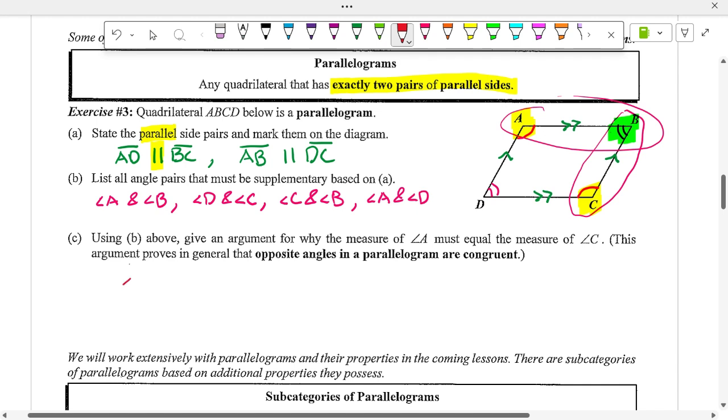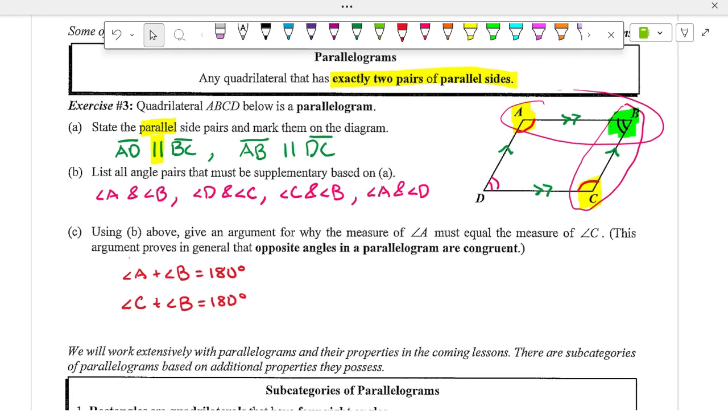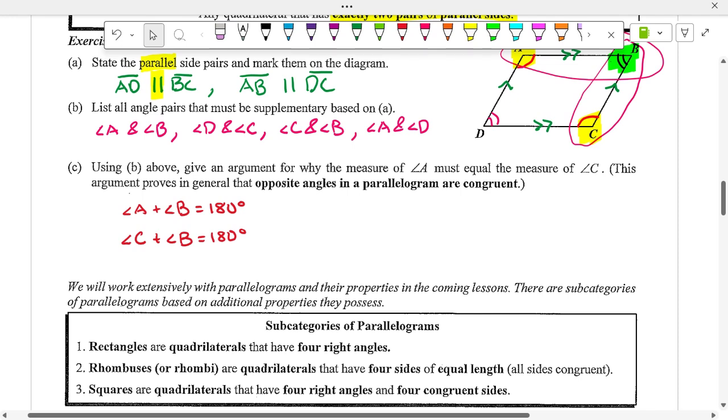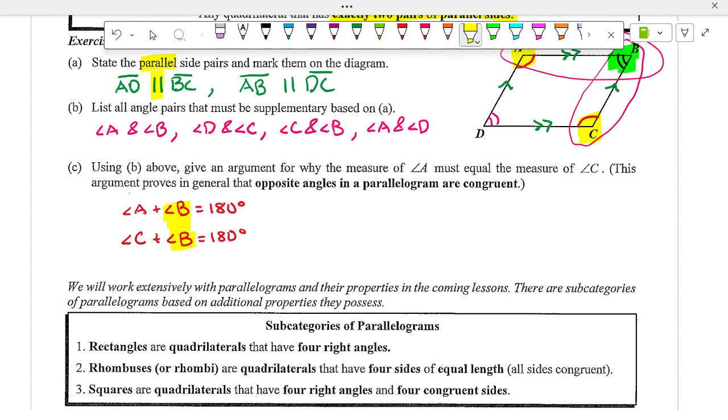So that means that if angle A plus angle B equals 180, and angle C plus angle B equals 180, doesn't it stand to reason that since we have both with angle B in them, and they have to equal the exact same thing, A would have to equal C? Right. This is what we call substitution, or the transitive property.